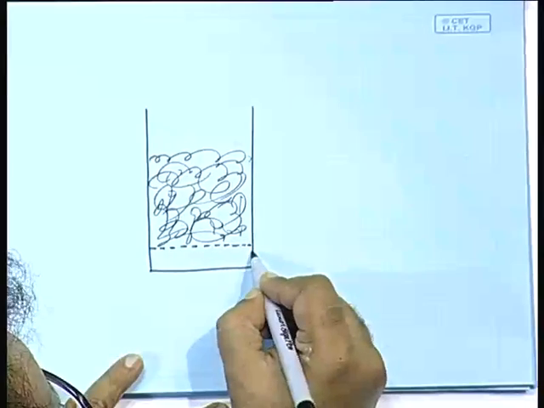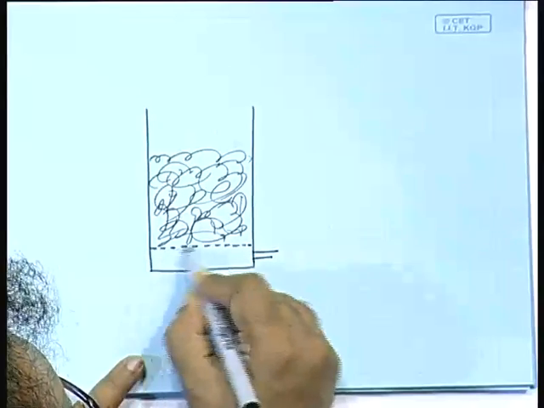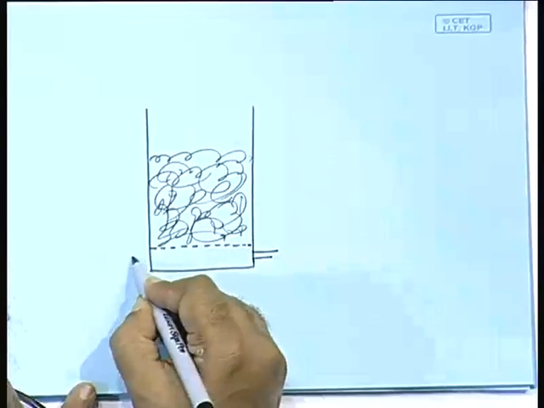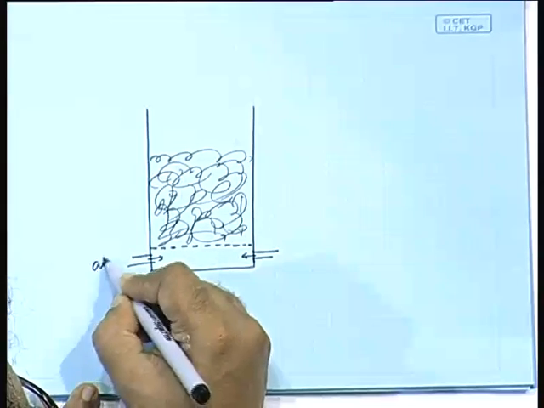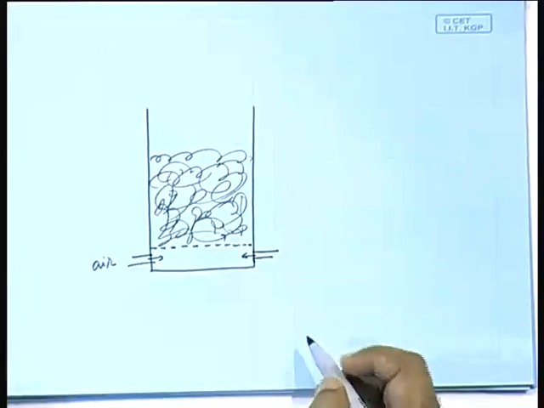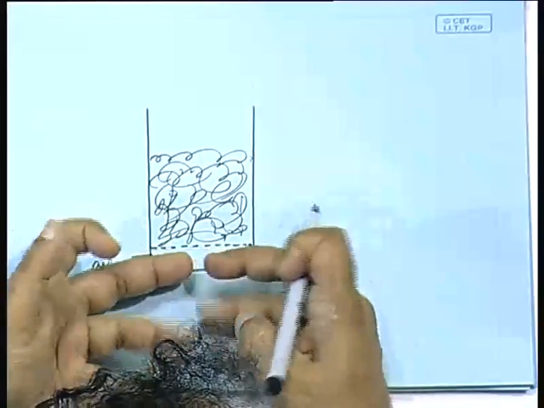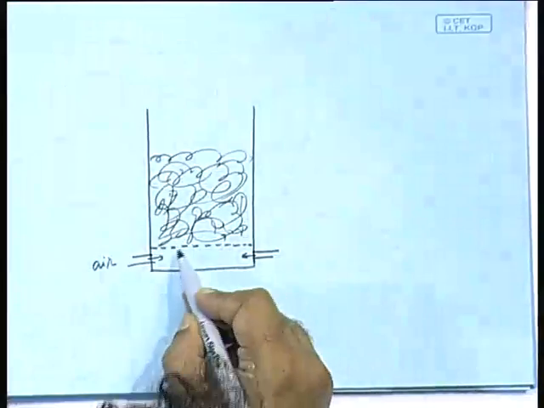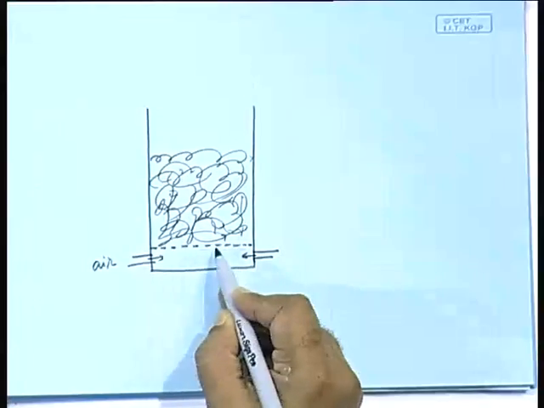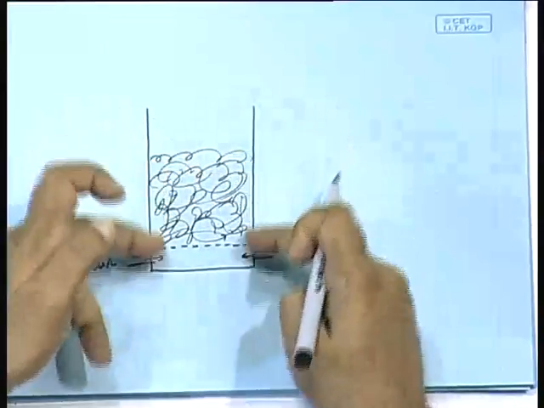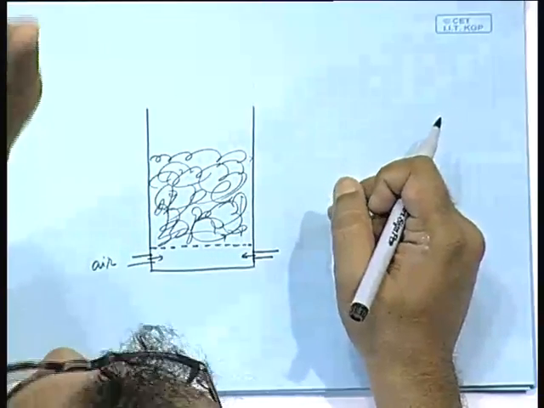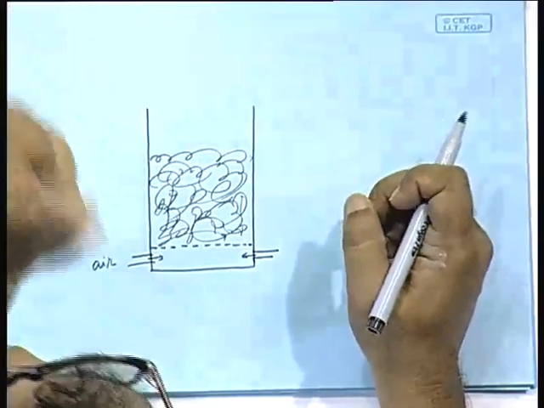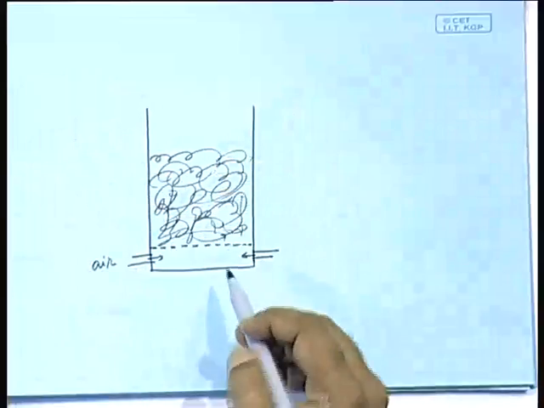Now you allow air in, and here is a sieve mesh. So this is the place where you allow air. So air will go into this part and it will rise through the mesh, right, through the coal. These coals are, as I told you, small sized, pebble sized, about a centimeter size chunks.